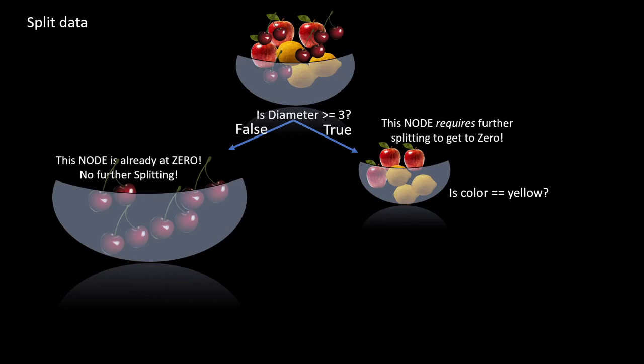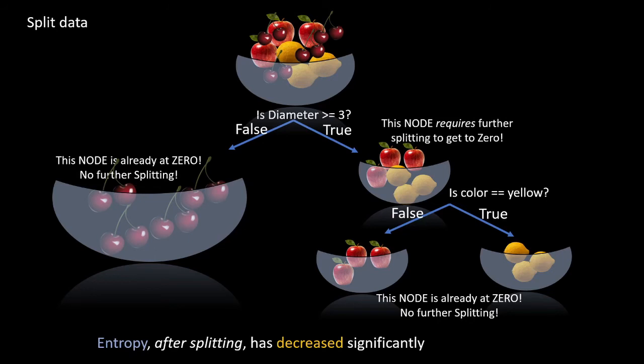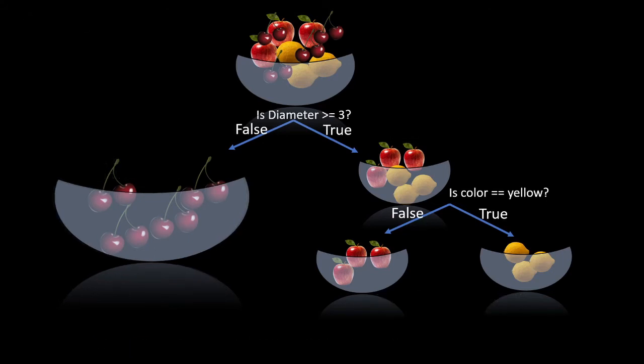So I can say, is it yellow? And then that will split again into false and true. This node is already at 0, so no further splitting. Entropy after splitting has decreased again, right? Which is a good thing. This is what we're hoping for. And so we consider this tree 1. Okay, this is tree 1.